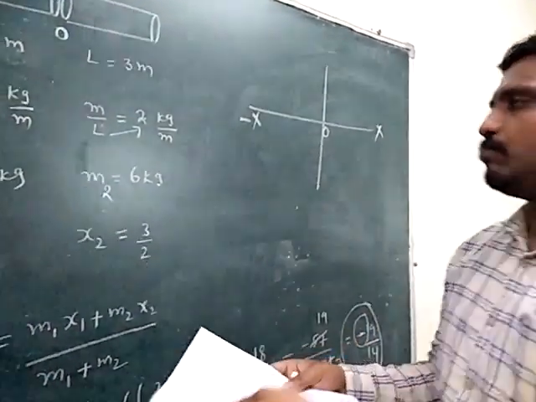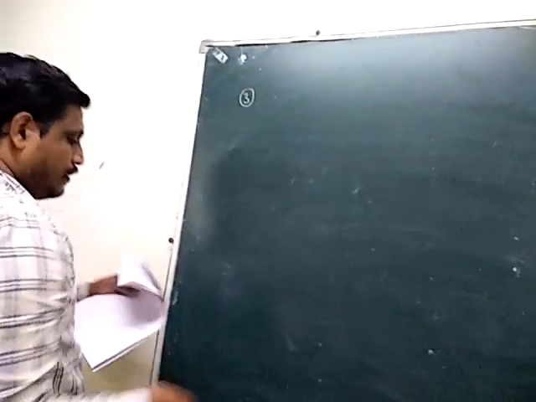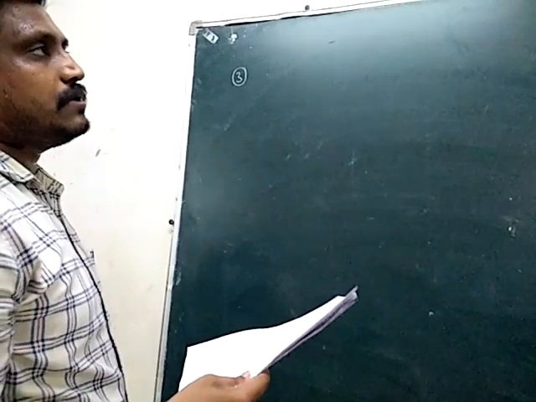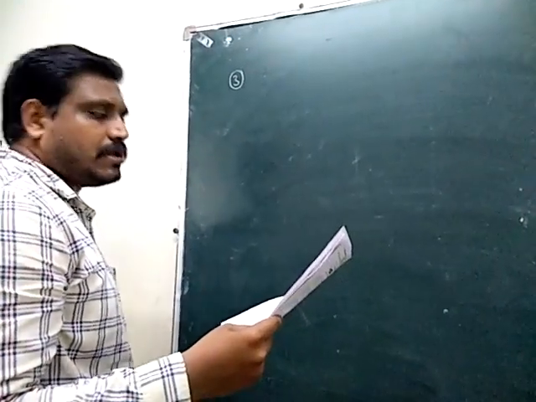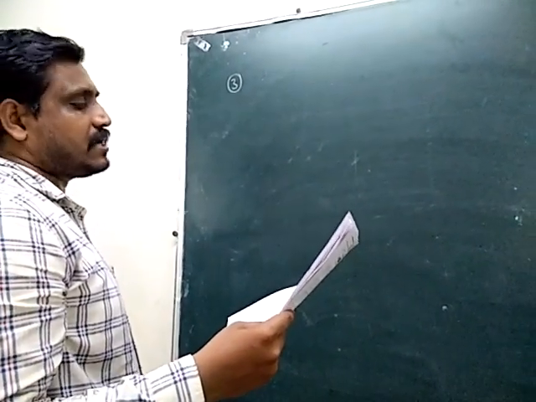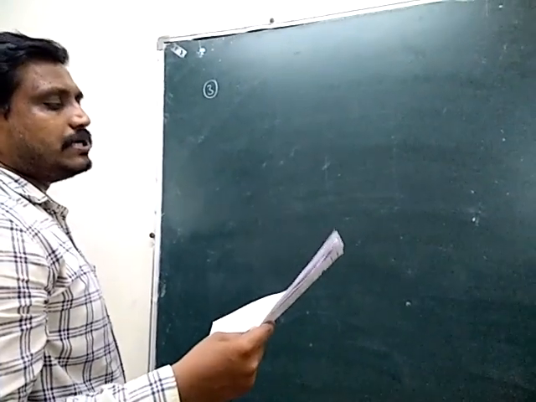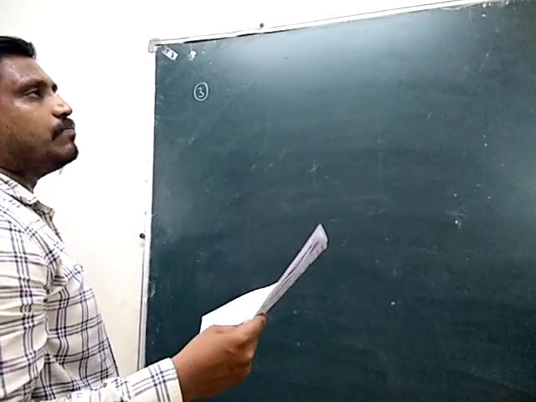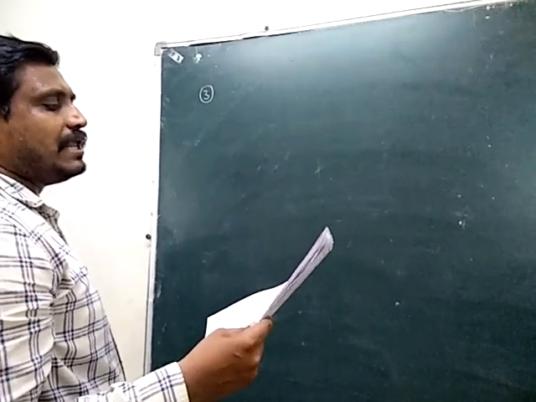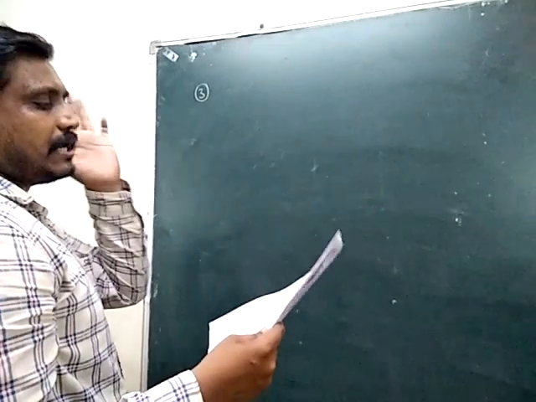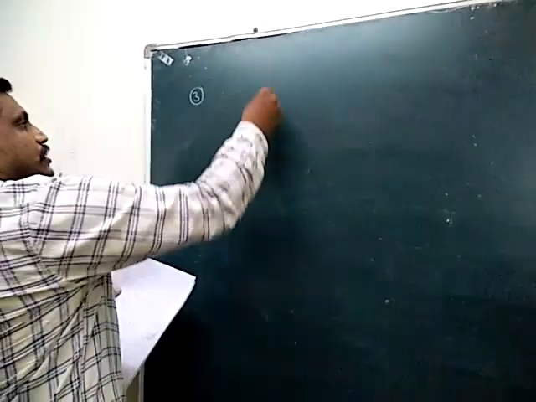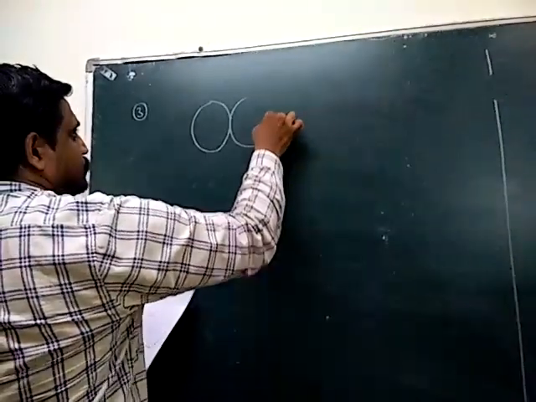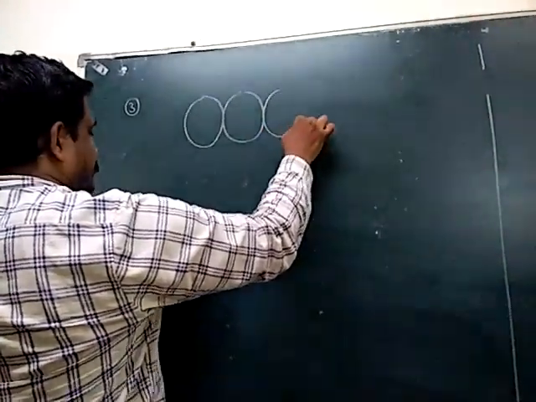I discuss another model. First listen to the question clearly. Here three identical spheres are there, each of radius capital R, placed touching each other, so their centers A, B and C lie on a straight line. This is a sphere, this is also a sphere, this is also a sphere.